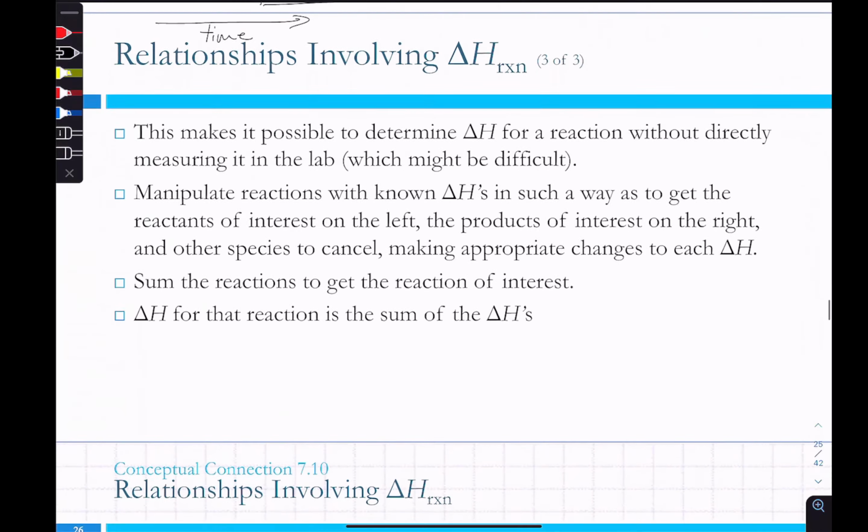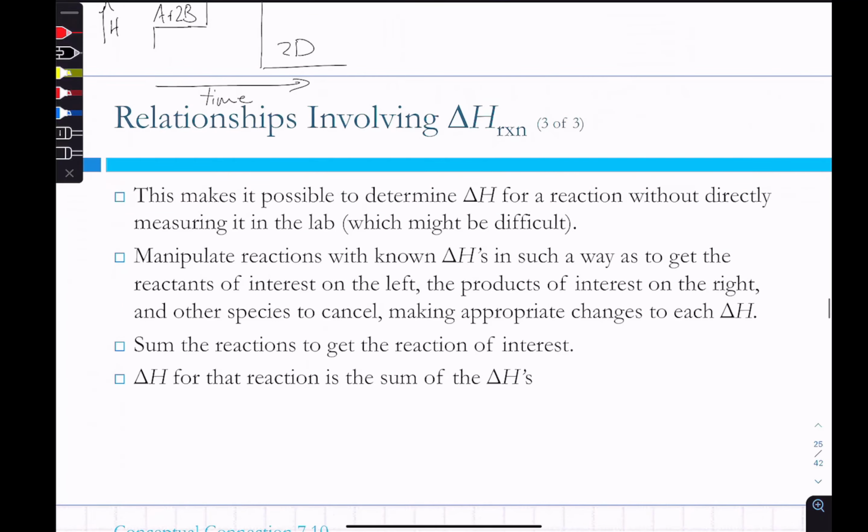So I guess this is what we're leading into with this. The power of this, the reason that this is cool, is that it makes it possible to determine delta H for a reaction without directly measuring it in the lab. If you have, say, the CRC lab manual, which has tables of reactions that somebody else did and measured delta H for, you say, I'm going to do this reaction, it's going to react these things and produce this.